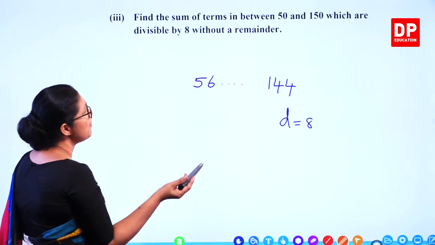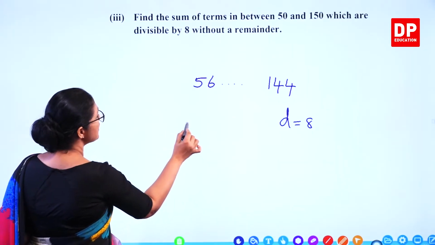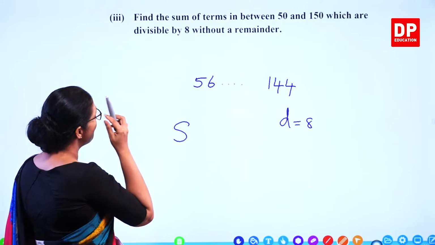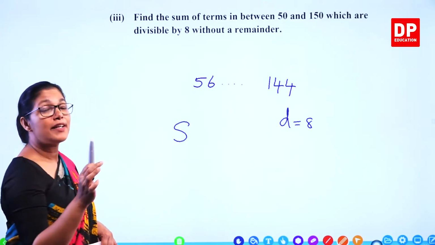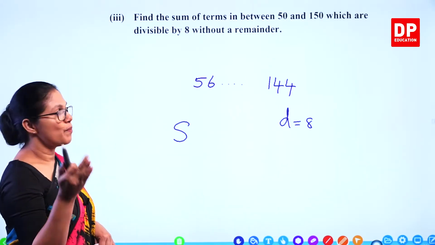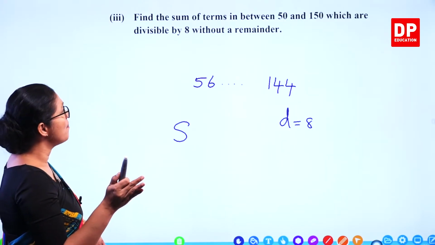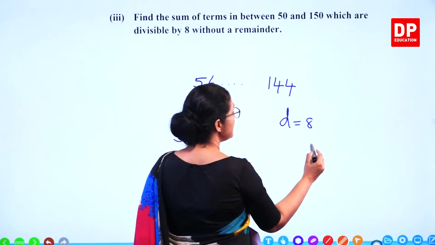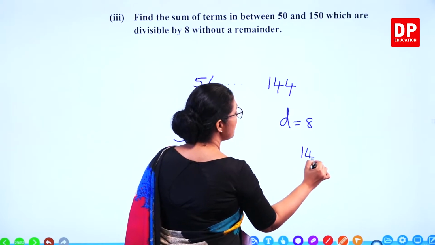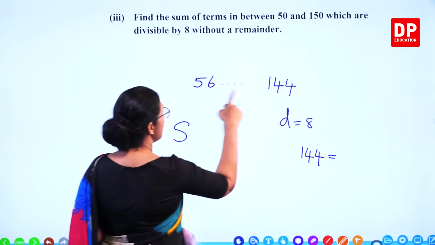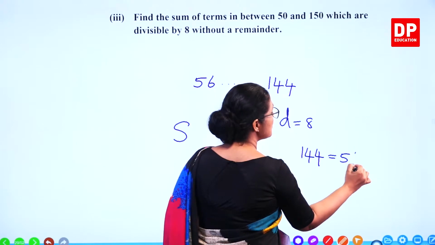So this is an arithmetic progression. How do you find the sum? Before finding the sum, we have to find out how many terms there are. 144 is the last term and the first term is 56.